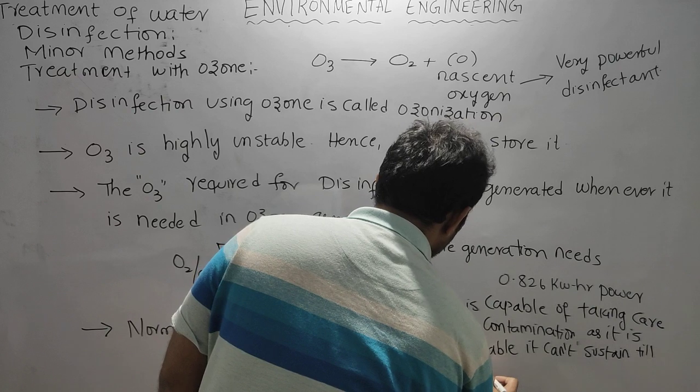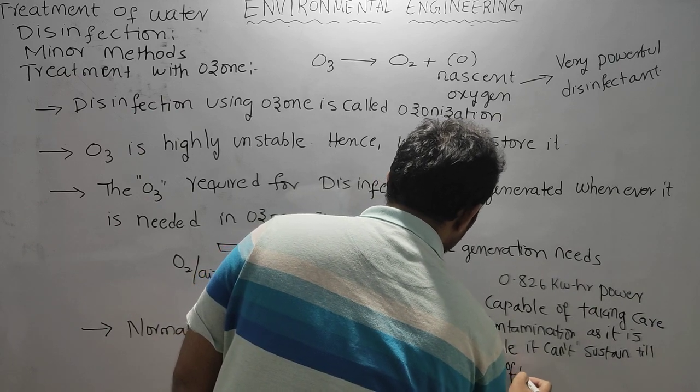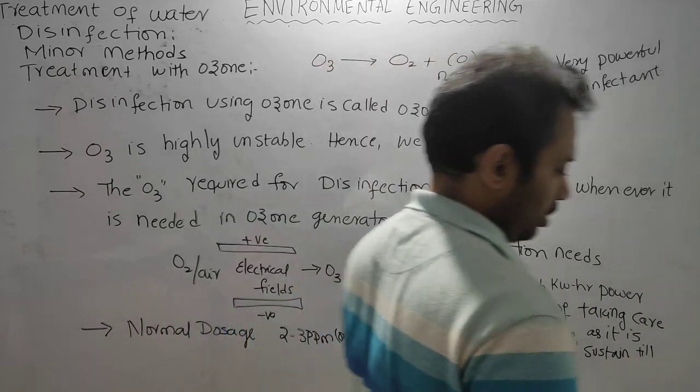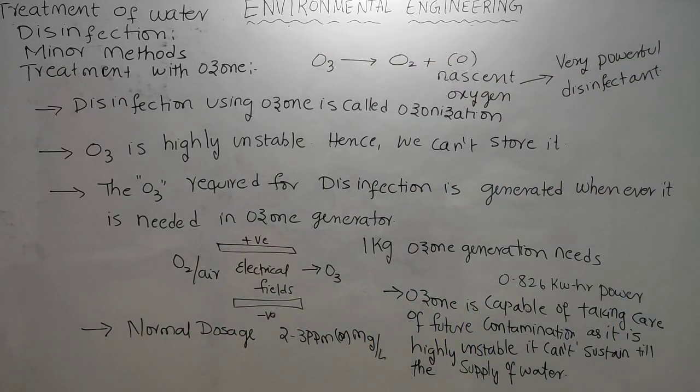So we have added ozone to take care of future contamination in the disinfection procedure. You have added more than the requirement of ozone, so that ozone will be present in the water and take care of future contamination up to its consumption. But as I told you, ozone is highly unstable.